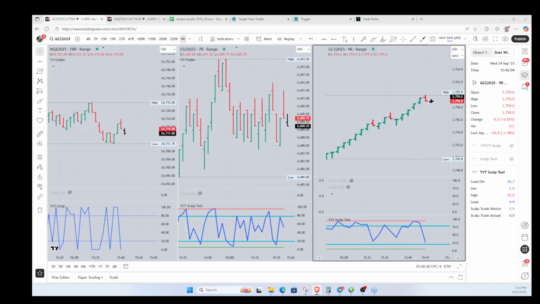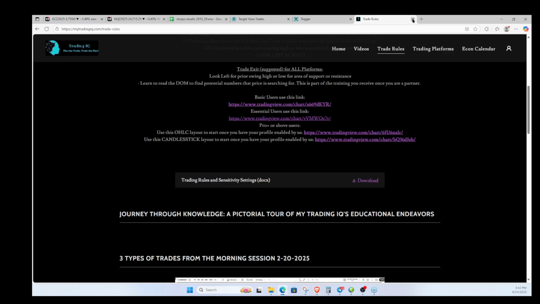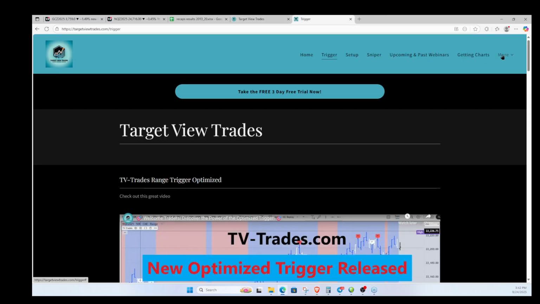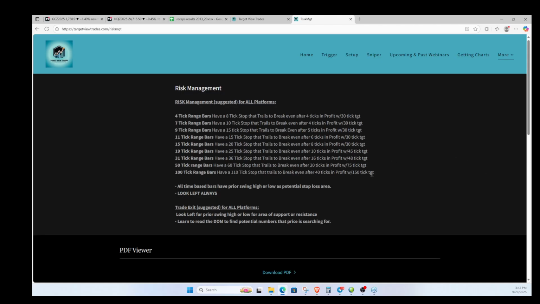Do I ever hold a run or two on these types of scalps like I just did? Yes, I do. All the targets are in here, in the risk management. Alright, these are the targets that I use. So a lot of times I'll hit those targets, particularly with the NQ.